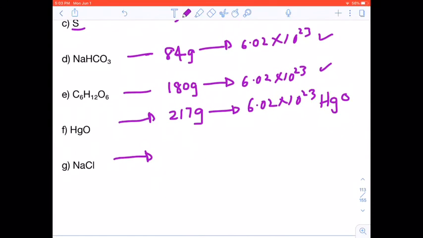And then NaCl would be 58.5 grams, right? And this will contain 6.02 times 10 to the 23 NaCl.